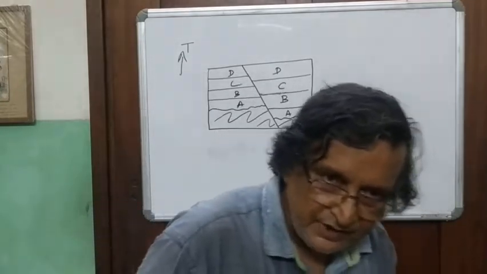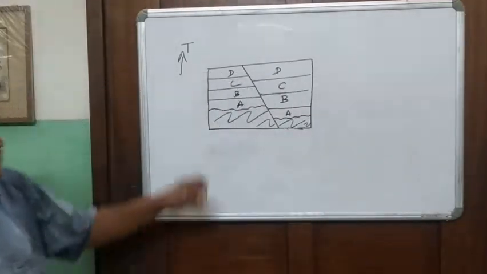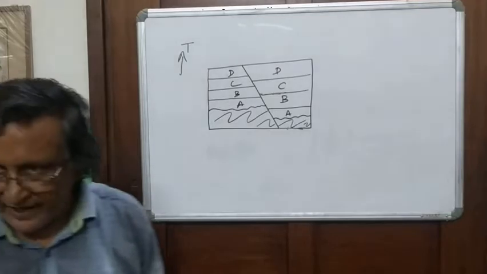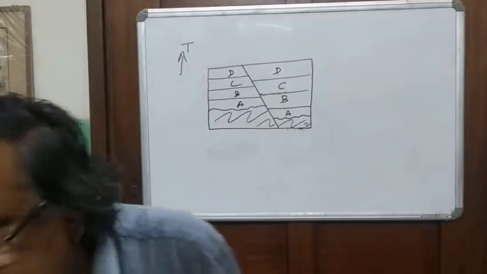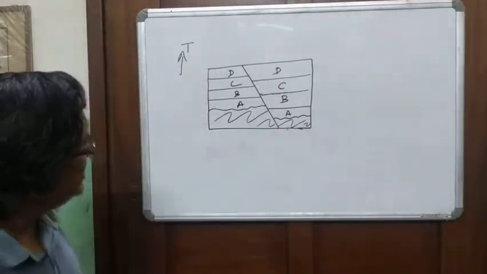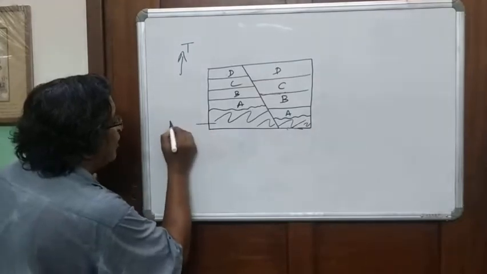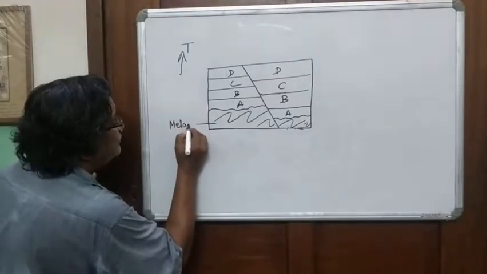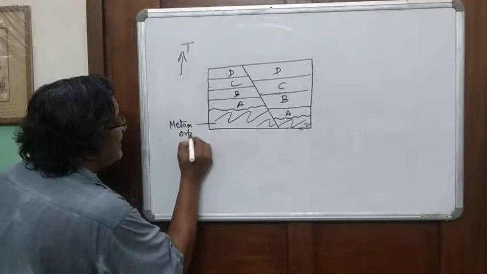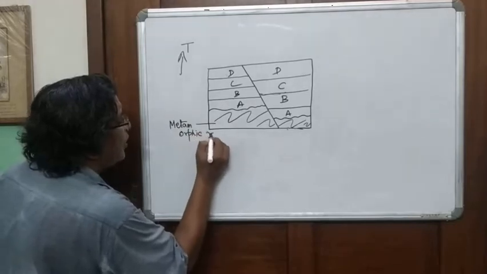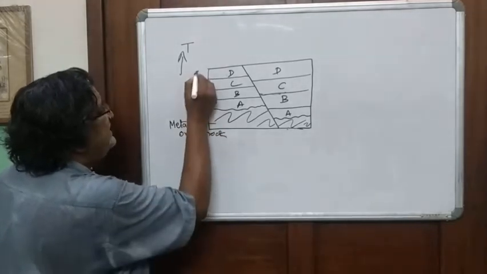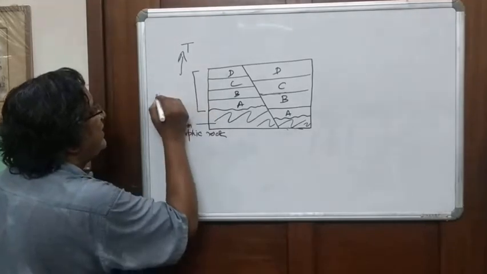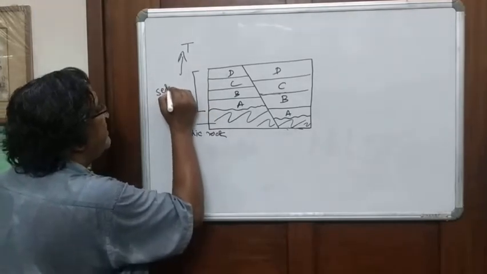I told you this could be because of metamorphic rocks, where a particular metamorphic layer is folded. So this is a metamorphic rock. And this set is a set of sedimentary rock.